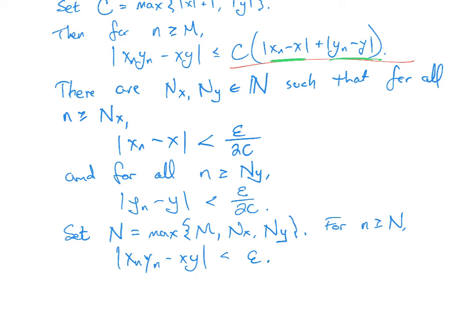Okay. So that's what we do. At the very end, we say, okay, we needed little n to be at least capital N sub x, and capital N sub y. So we'll make our capital N be the maximum of those three.